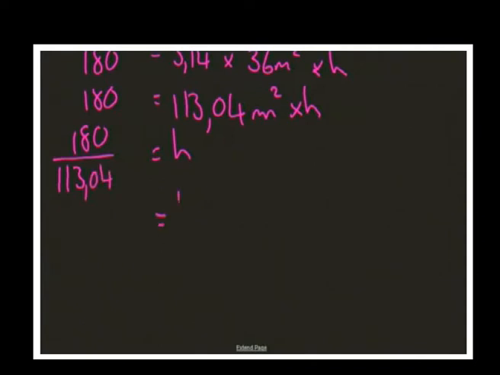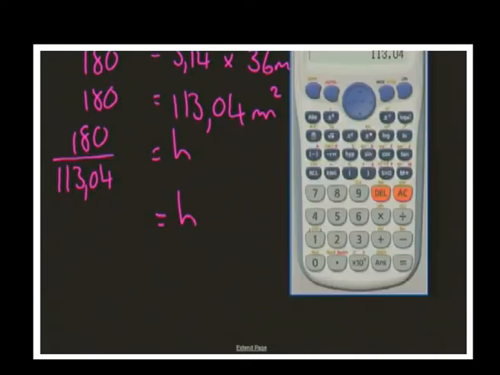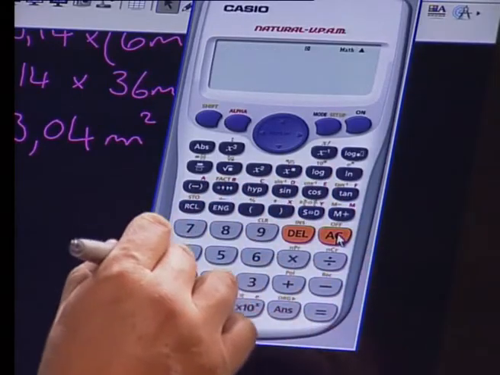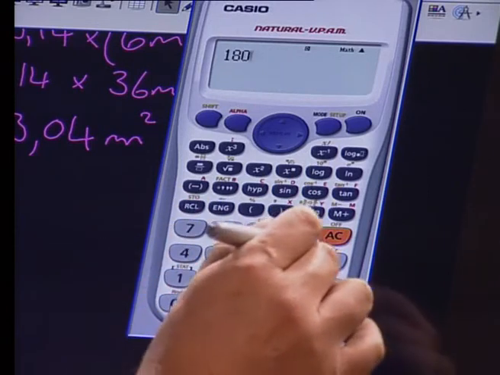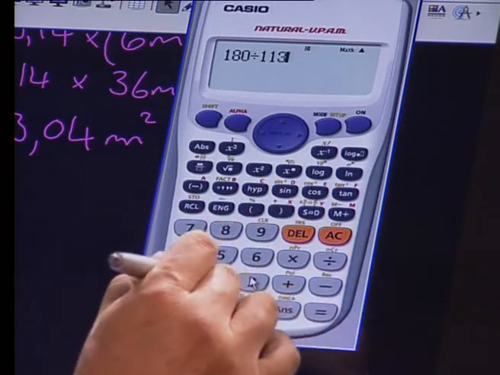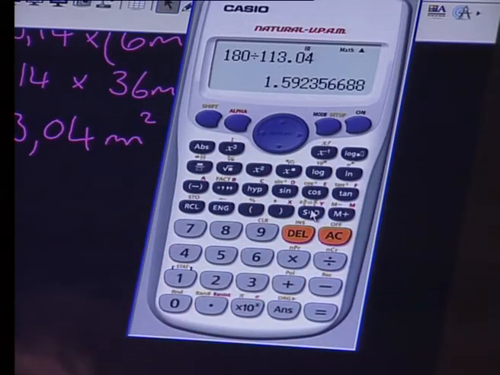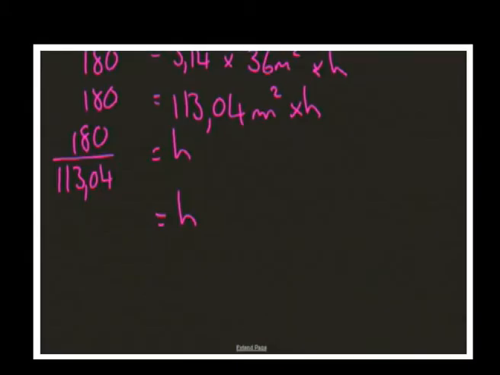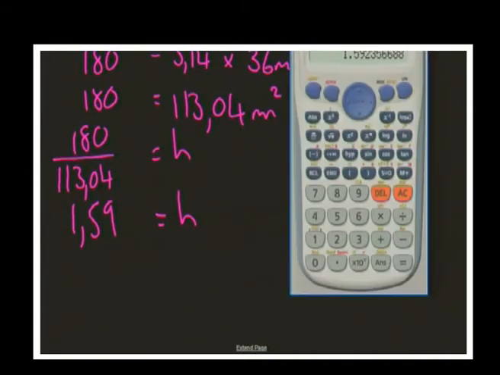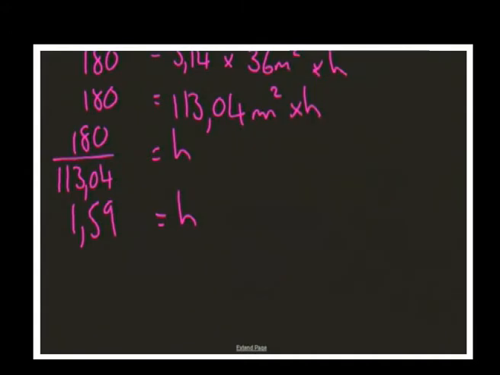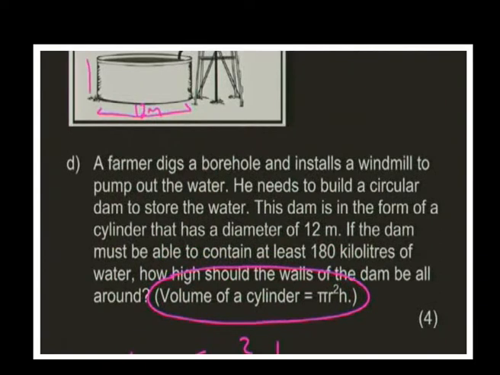My height is therefore going to equal, let's do it together, 180 divided by 113.04, and I'm going to land up with an answer of 1.599, I'm going to leave it as 1.59 meters. And that is the height of this little dam over here, 1.59 meters.